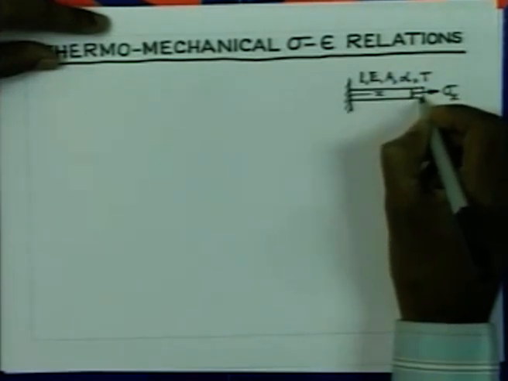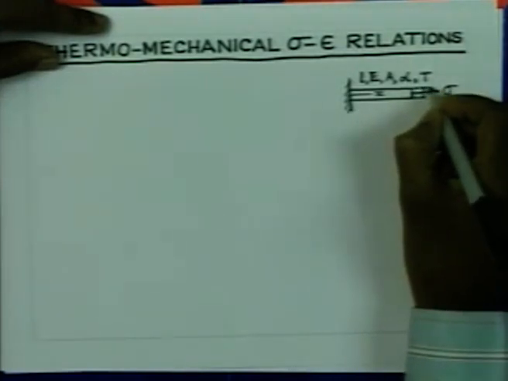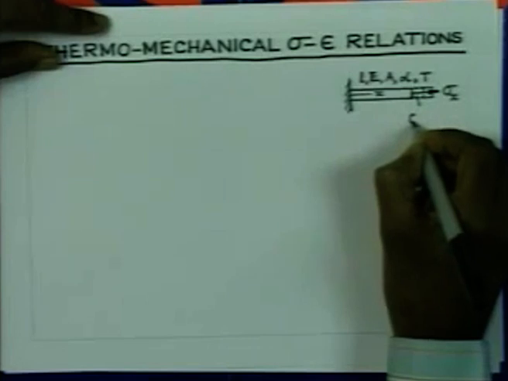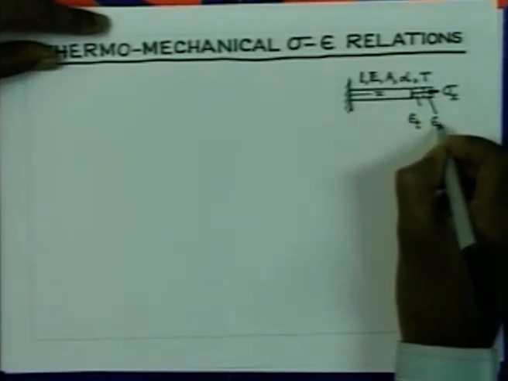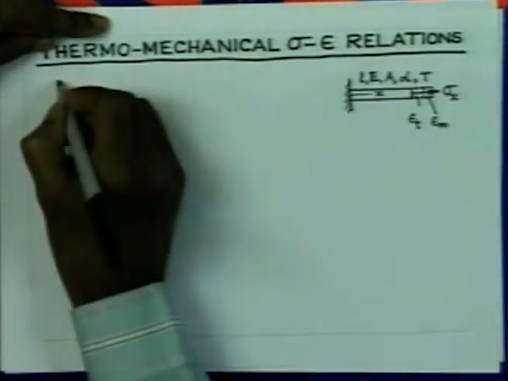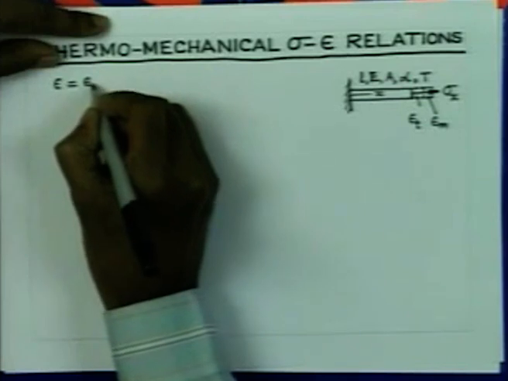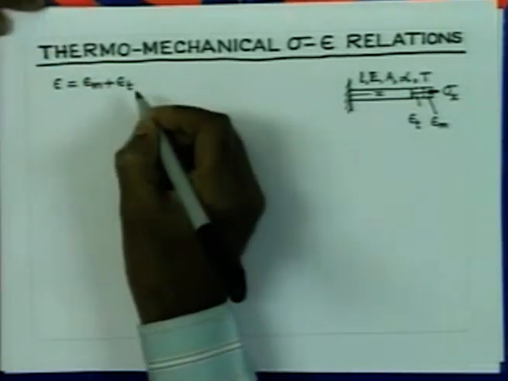So, let us say this is the expansion due to thermal expansion, and this further expansion is due to the mechanical loading. So, we have strain due to thermal and strain due to mechanical loading. Therefore, if I want to calculate the total strain epsilon, it is nothing but epsilon mechanical plus epsilon thermal.